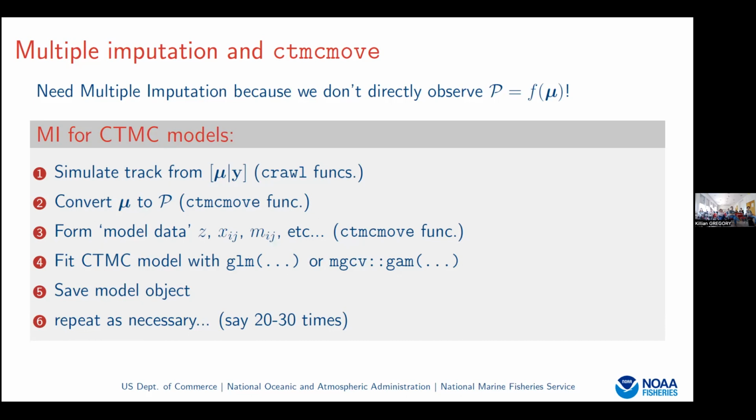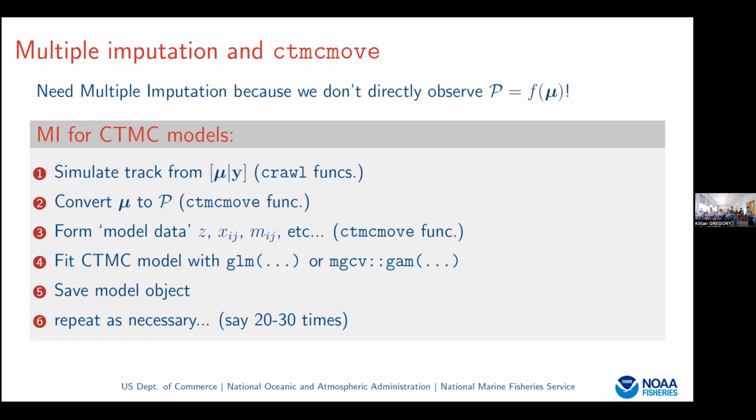We'll fit a track. We'll use crawl to draw that track, just like the same stuff we did before with this animal. And we'll convert those known continuous tracks, which are discretized to as small as we want to make it, to the times of transition between cells and which cell I transition to.